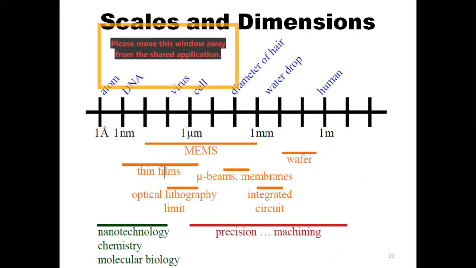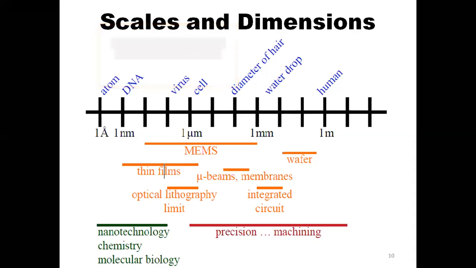So, scales and dimensions, in order to realize in which scale the MEMS people are working. Human lengths are in meters, water drop 1 millimeter, diameter of human hair is 80 to 100 micrometer, human cell 1 micrometer. Most of the viruses are less than 1 micrometer.